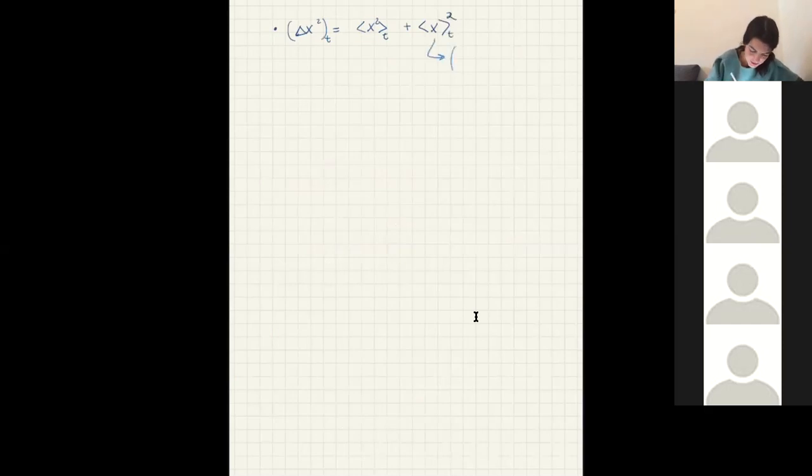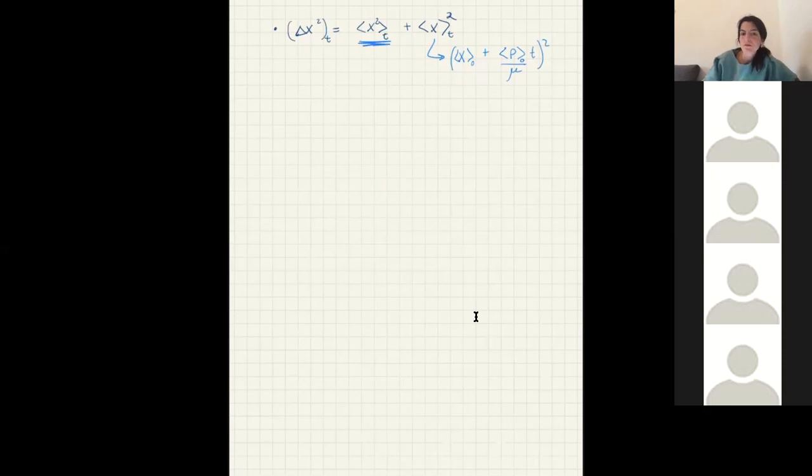So this one was just x at time 0 plus p0 over mu times t, squared. Okay, we're going to leave this one alone for now. We'll pick it up later because it's the simplest. So let's try to work this one out.